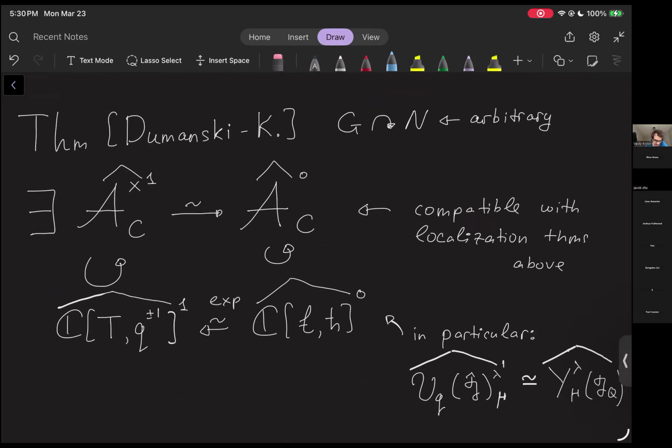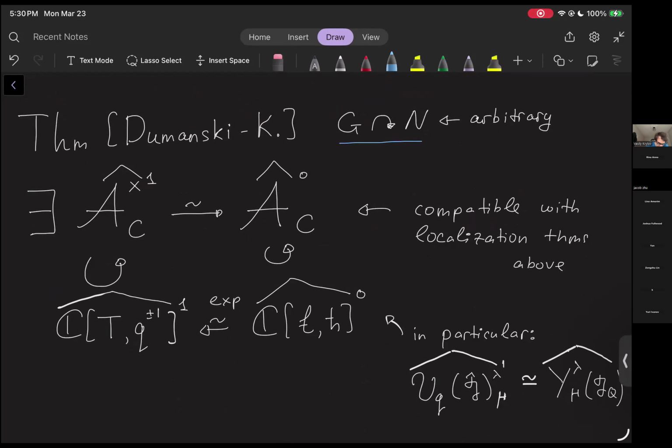So that's our result with Ilya Dumansky, claiming that for an arbitrary pair of G and N, there is always an isomorphism. Of course, you have some multiplicative version and some additive version of the algebra. They cannot be literally the same, but one might hope that they become the same after appropriate completions at 0 and 1, and that's indeed what happens.